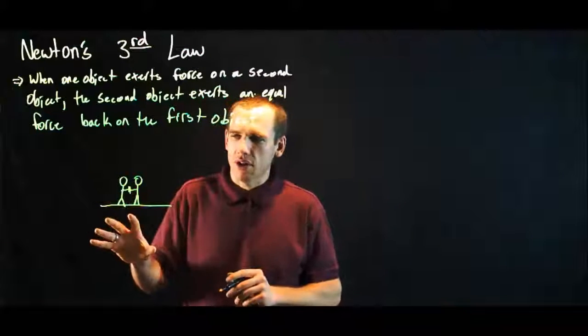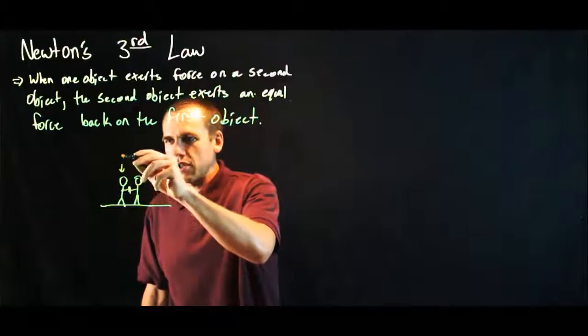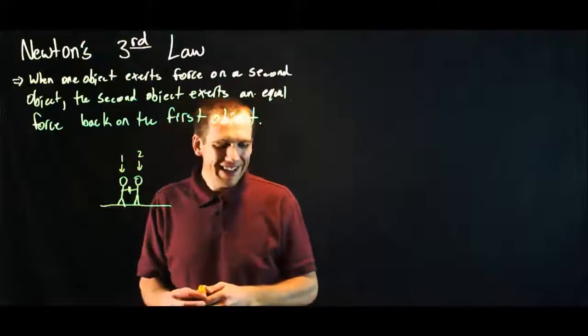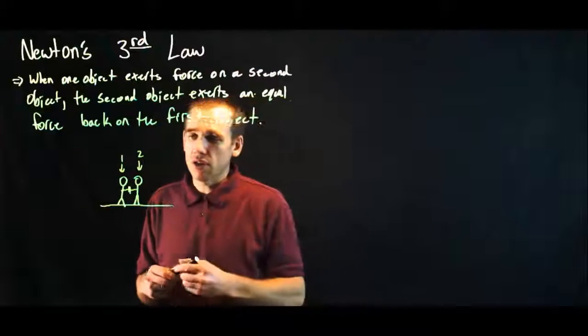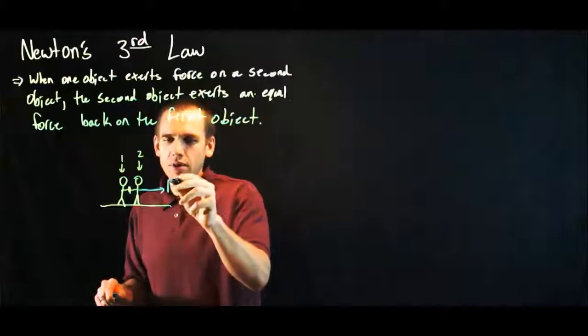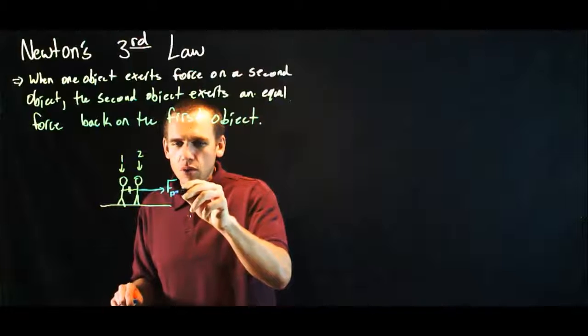They're pushing on each other. This person over here, I'm going to call this person on the left person 1, and this person on the right person 2. Person 1 is exerting a force on person 2. So person 1 exerts a force this way. And so I would call this the force of person 1.